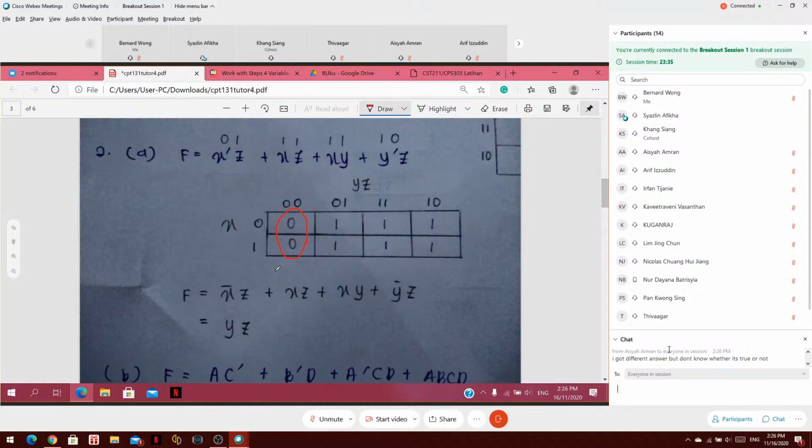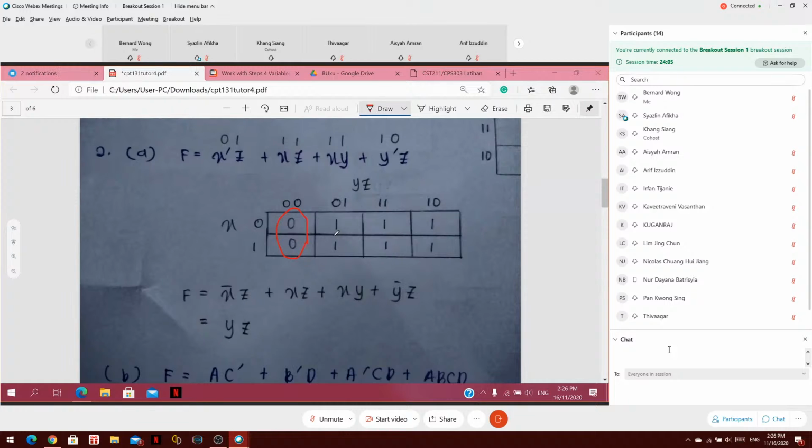Just tell me what you think. What is your difference from what is shared by Shaslin? Did she do something wrong? I mean, some mistake. Someone says yes. Is the table correct?